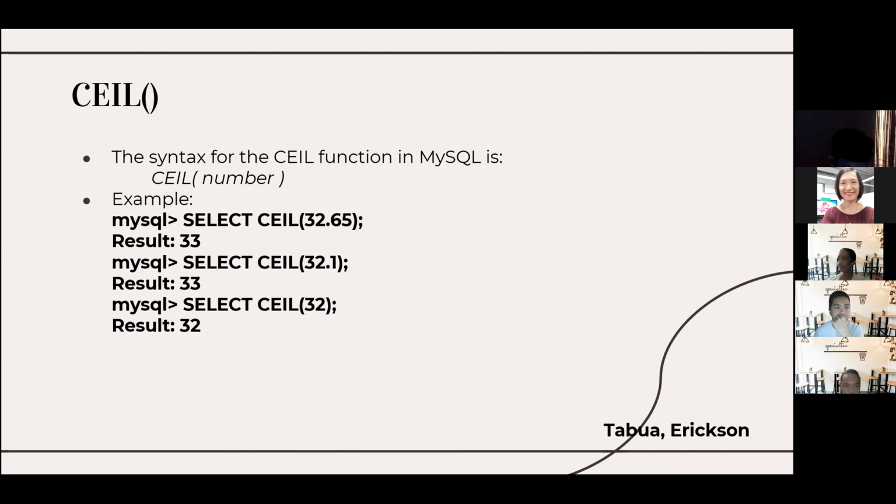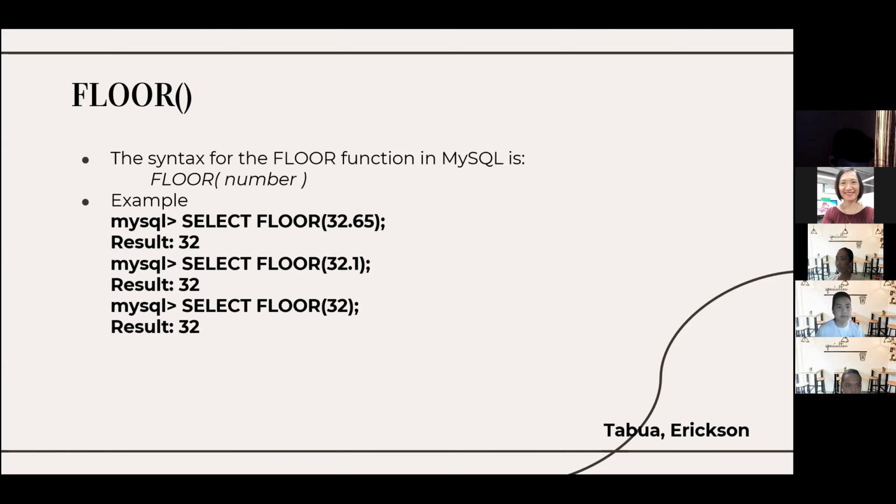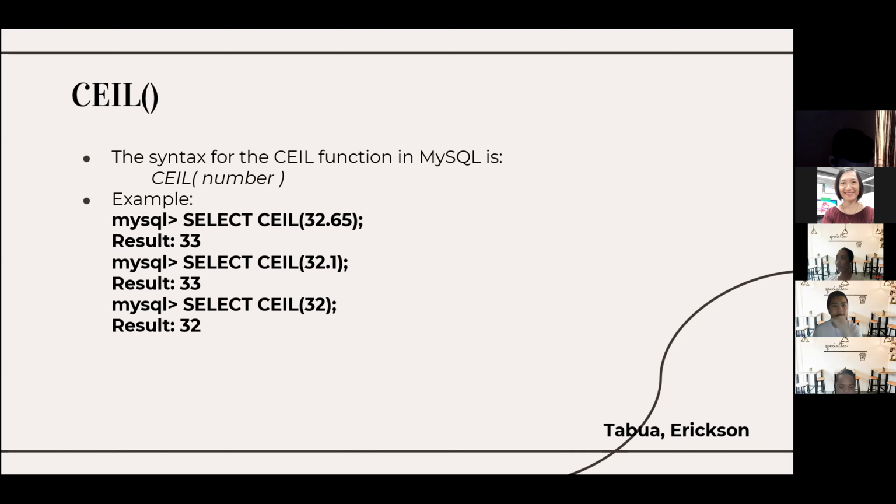CEIL. CEIL returns the lowest integer value that is greater than or equal to a number. Note that this method is the same as CEILING. Example, MySQL SELECT CEIL(32.65) is equal to 33, because it rounds up.